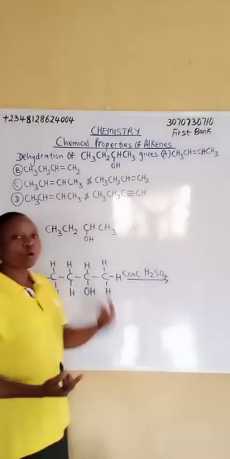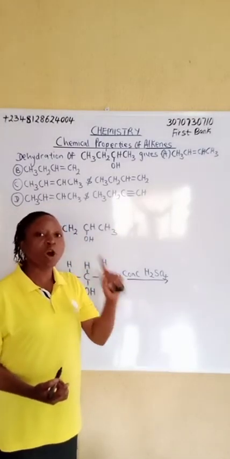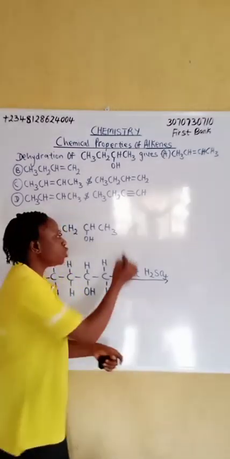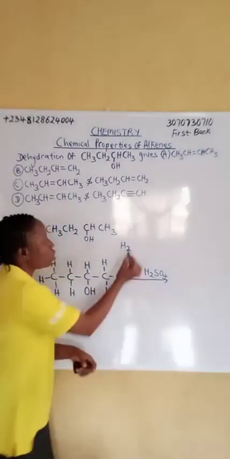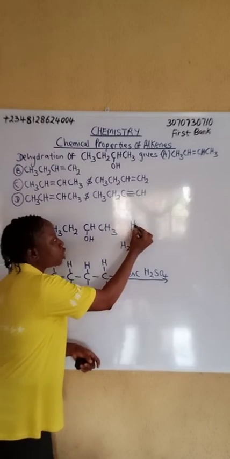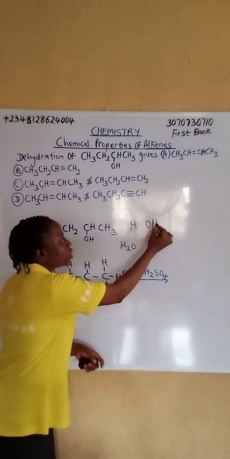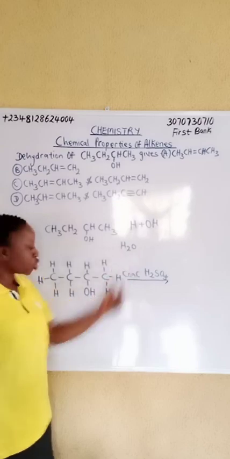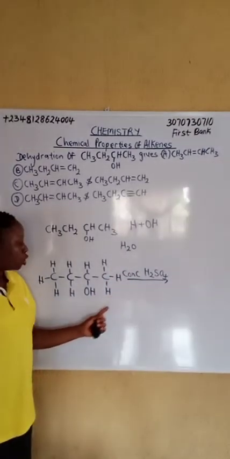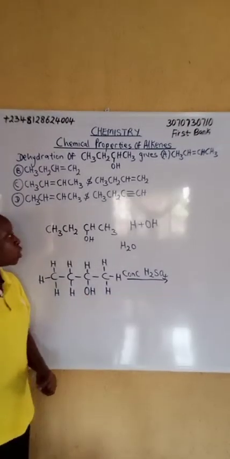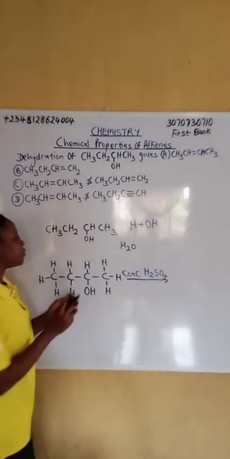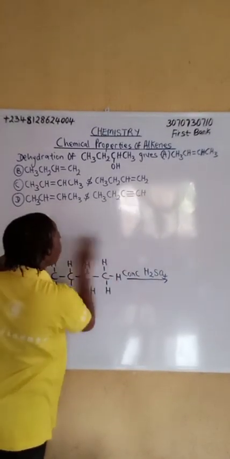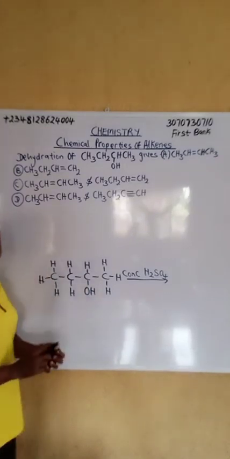Don't forget that 1 hydrogen and 1 hydroxy group will give you H2O. So you are going to remove 1 hydrogen and 1 hydroxy group. From this we are going to get 2 different structures.